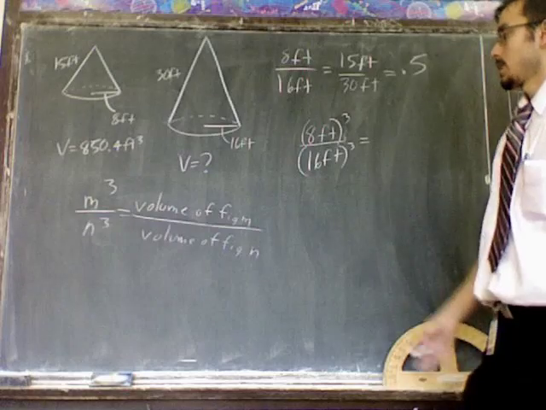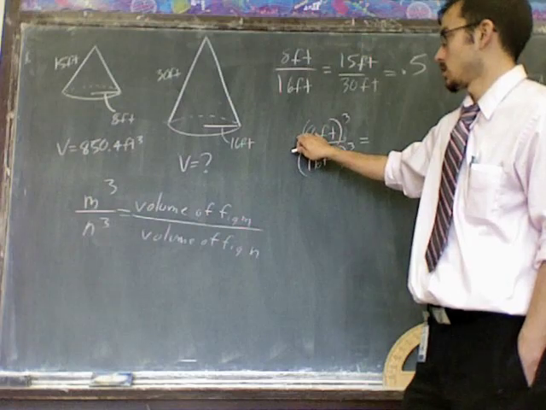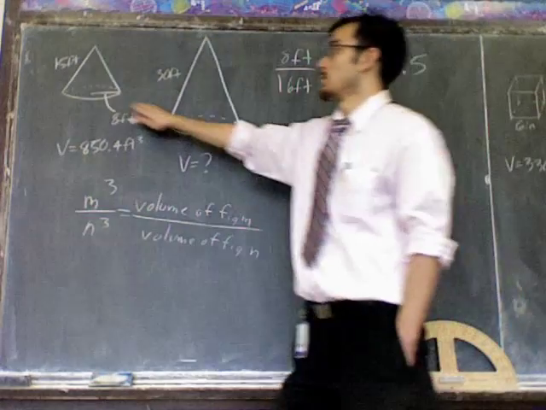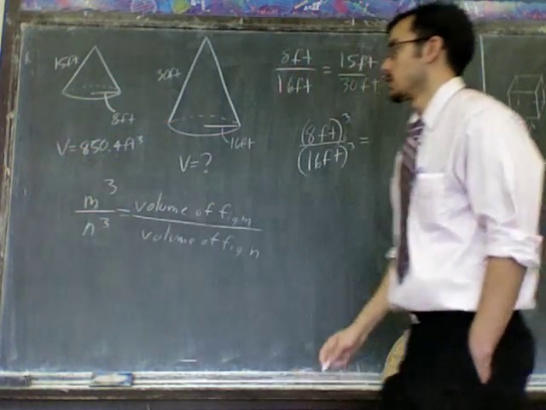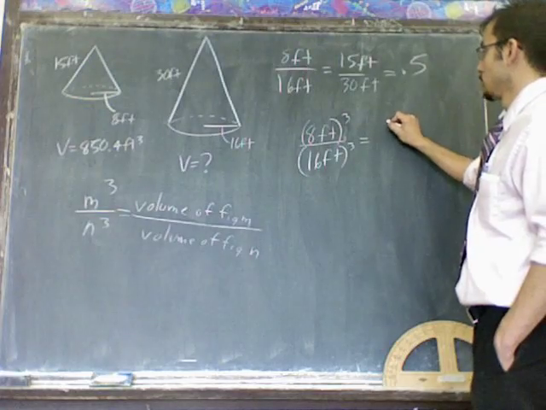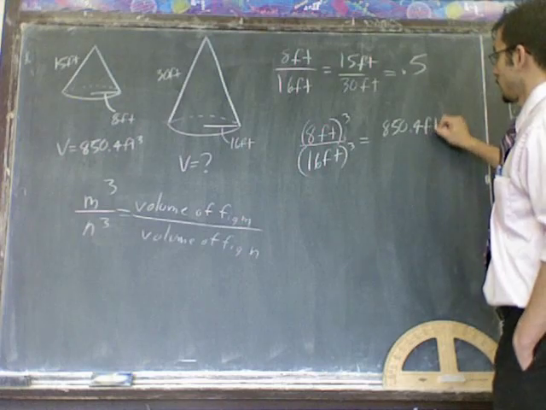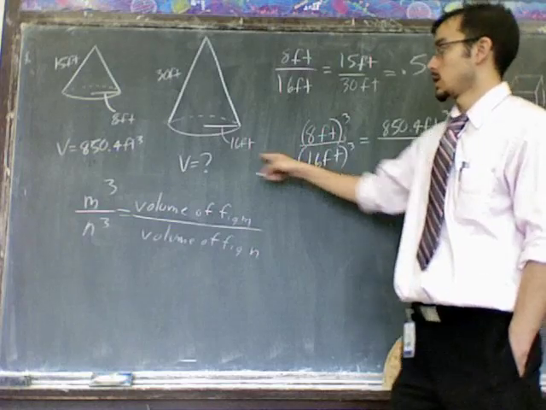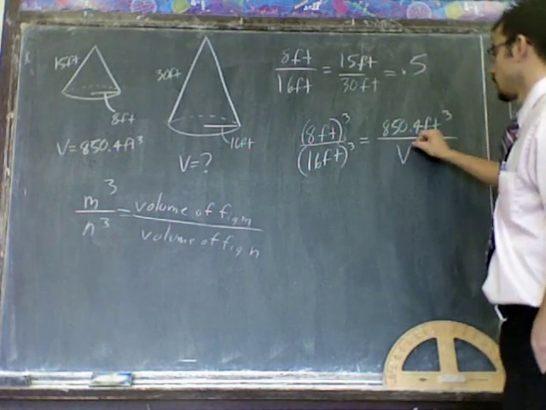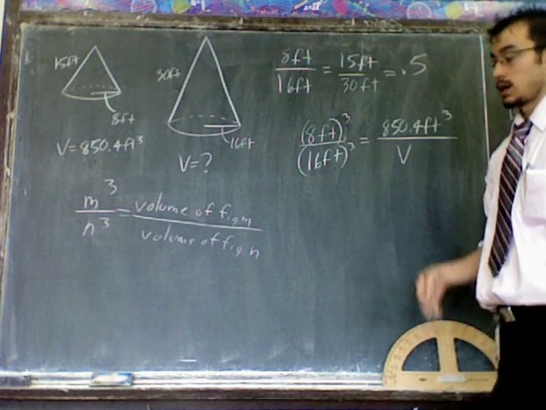On the right side, it says the volume of figure m. Well, I took 8 feet here from this figure, so I've got to see if I know the volume of that one. The volume of this figure is 850.4 feet cubed. The volume of the figure that had the 16 in it, I don't know. I'm going to leave that as v. Now from this point on, I can cross multiply and solve.